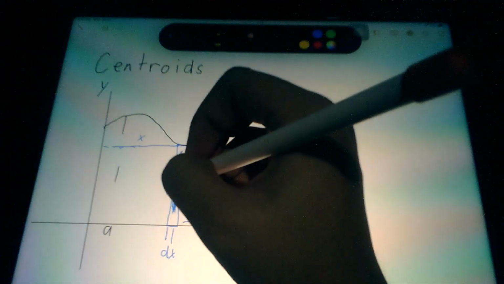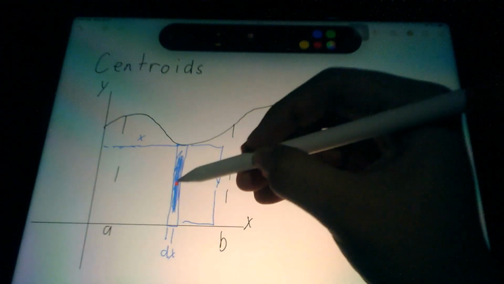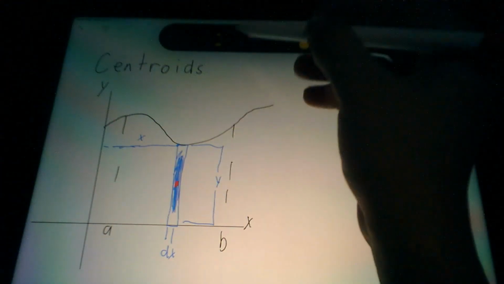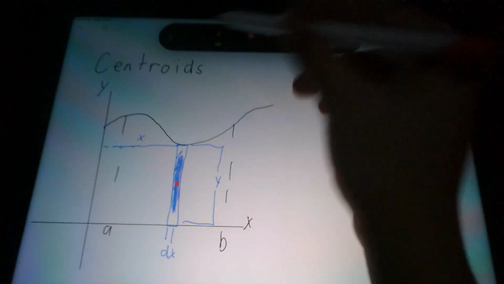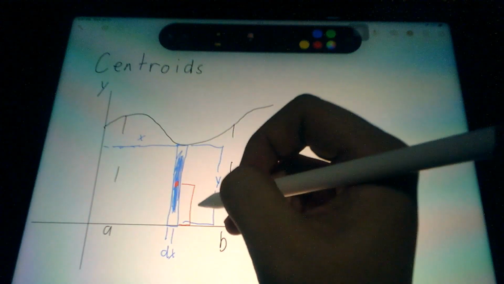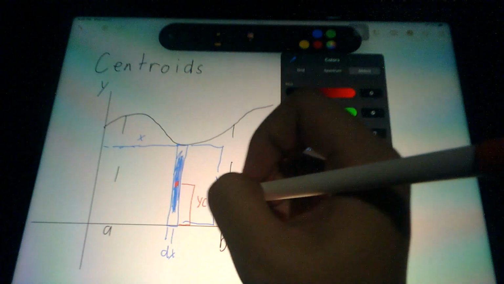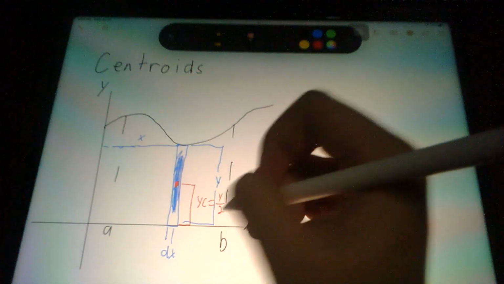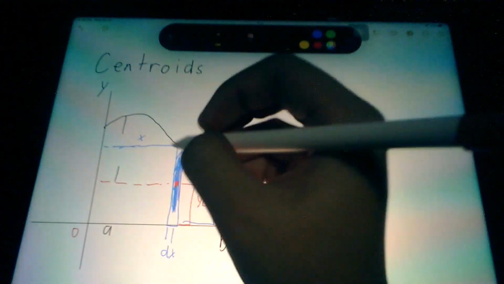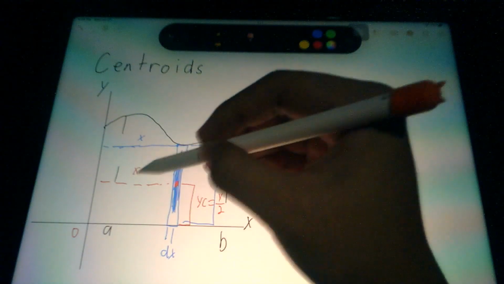Let's say our center is here, can you see the red mark? This is our centroid. From this point here, this is our yc. yc is just half of y, so yc equals y over 2. And from the origin 0 to our centroid, this is our xc.